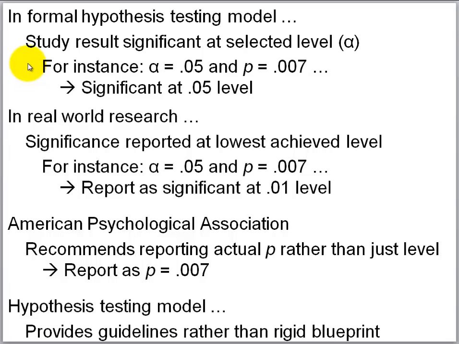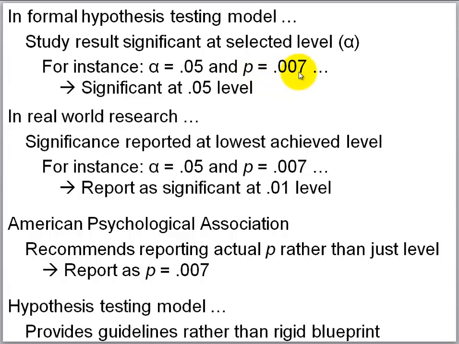Now, in the formal hypothesis testing model, a study result is significant at the level that the researcher selects. So look at this example. Suppose that we select the 0.05 level, which is to say we set alpha to 0.05. Now suppose that the p is 0.007.